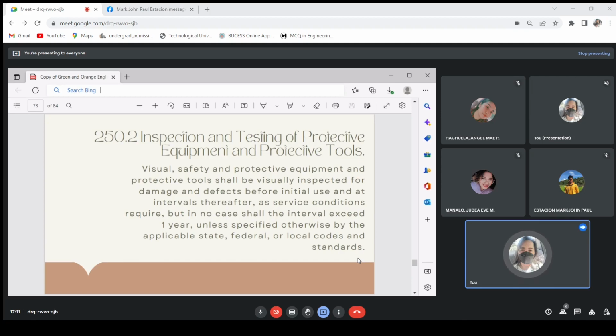Insulation system to ensure protection of personnel shall be verified by an appropriate test and visual inspection to ascertain that insulating capabilities has been retained. So dapat sa mga inspection natin is dapat qualified yung mag-i-inspect, and yung mga testing equipment is dapat qualified din for testing this kind of equipment and protective tools para ma-withstand yung standard na nasa mga codes natin.